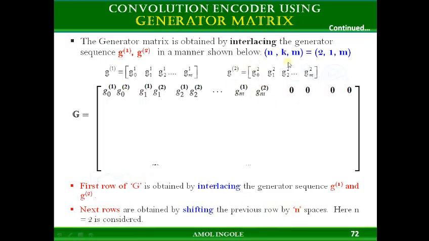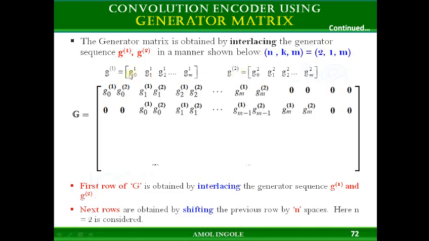The example that we are considering here has n equal to 2. So the second row of the generator matrix will be obtained by shifting the first row by 2 spaces like this. Why 2 spaces? Because n is equal to 2 here.